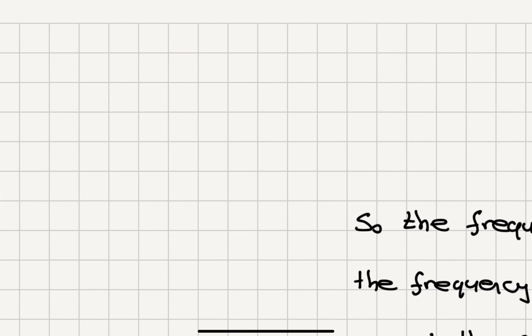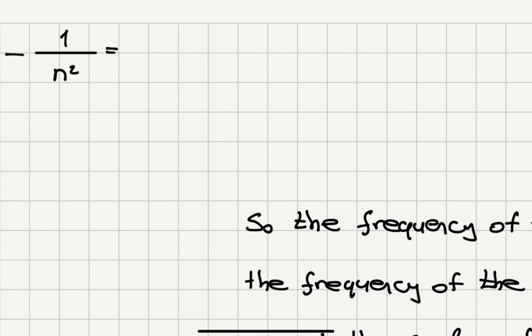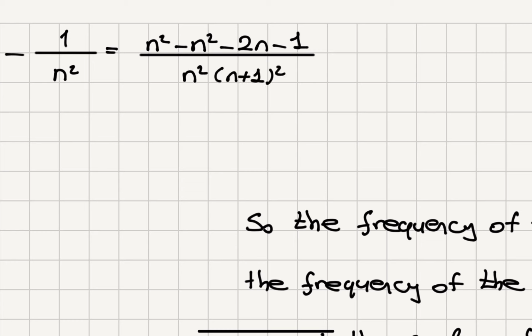So we will see that 1 over (n+1)² minus 1 over n² is equal to (n² minus n² minus 2n minus 1) divided by n² times (n+1)². These n² will cancel.